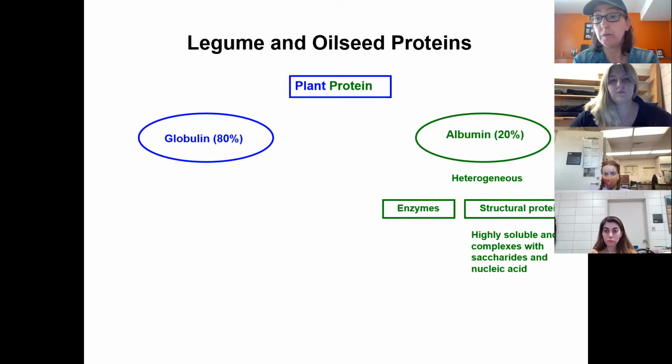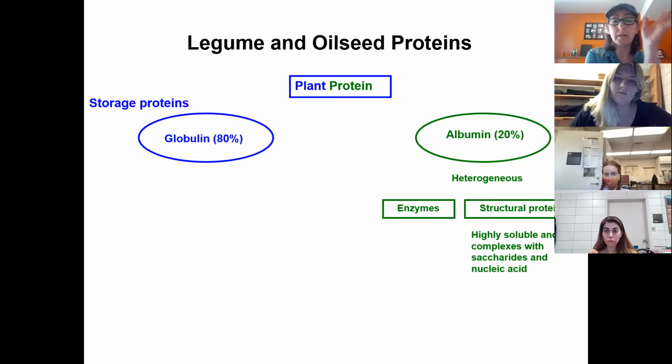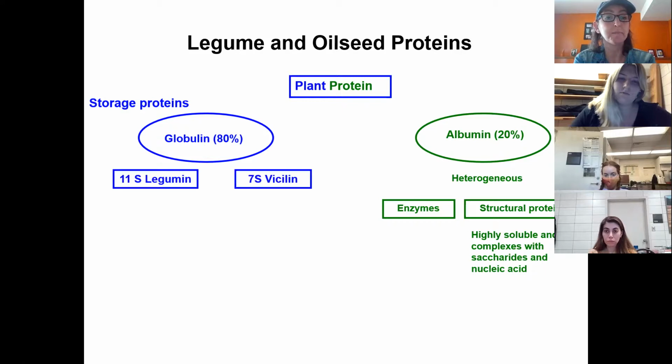Albumins are soluble in water, like we know from the Osborne fractionation. Albumins are soluble in water, and globulins are soluble in salt water. Globulins in plant proteins are storage proteins, where the crop, the grain or the seed stores its energy source. Like I said, they are mostly in legumes and oilseed legumes.